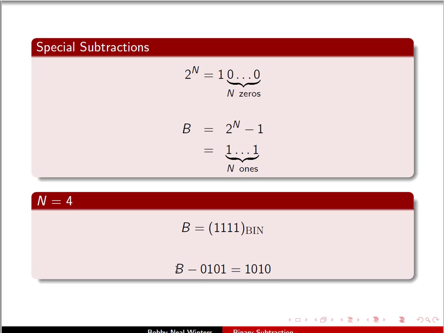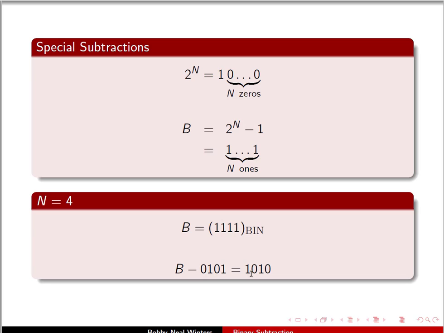If I take this B and I subtract 0, 1, 0, 1 from it, which is 5, what I get is 1, 0, 1, 0. You can check this out yourself, converting to decimal and doing your arithmetic there, or doing it directly in binary.